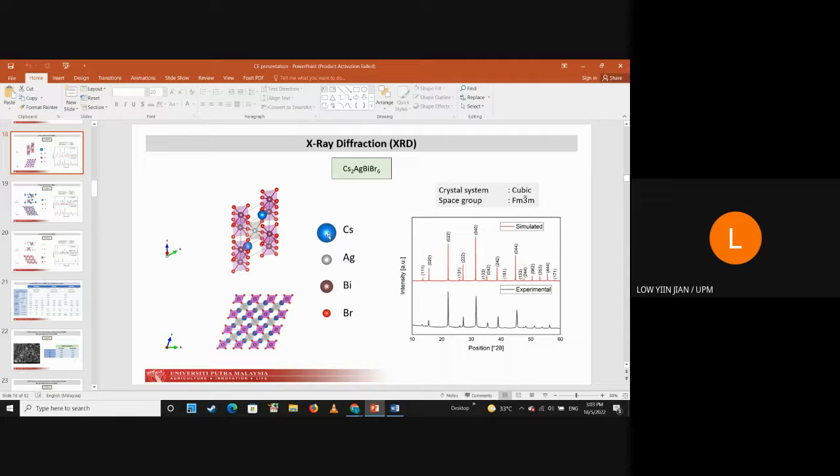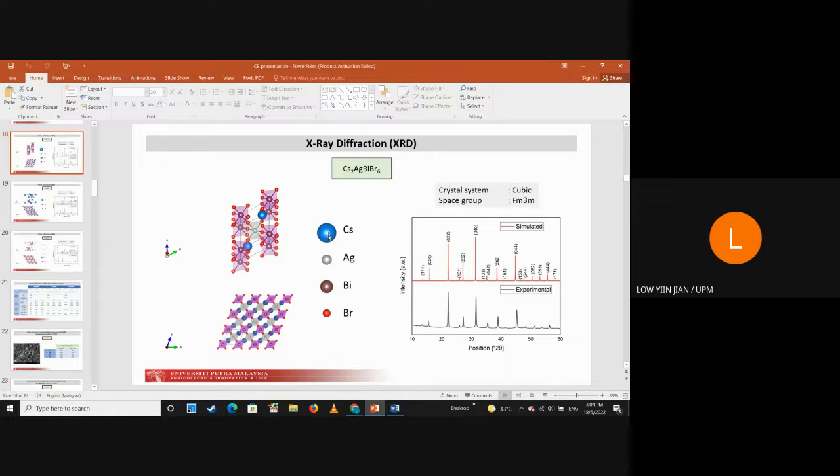So the purpose of doing the TGA is that I wish to see the maximum temperature it can withstand before it degrades after the MA substitution. I also expected that, of course, when we substitute some organic into the structure and take out the inorganic, the organic will be degraded.